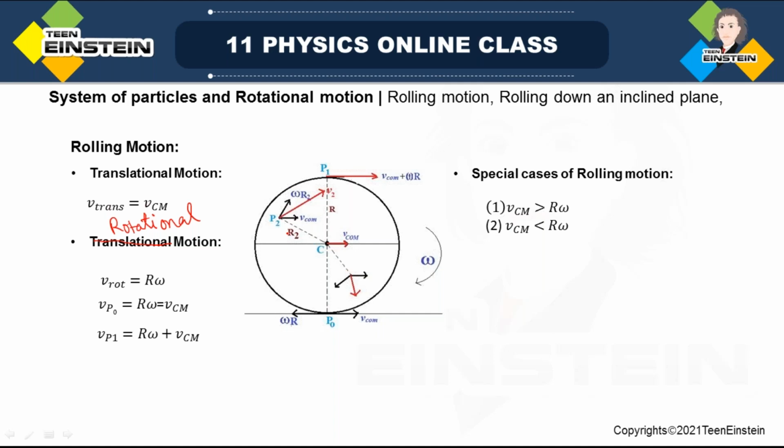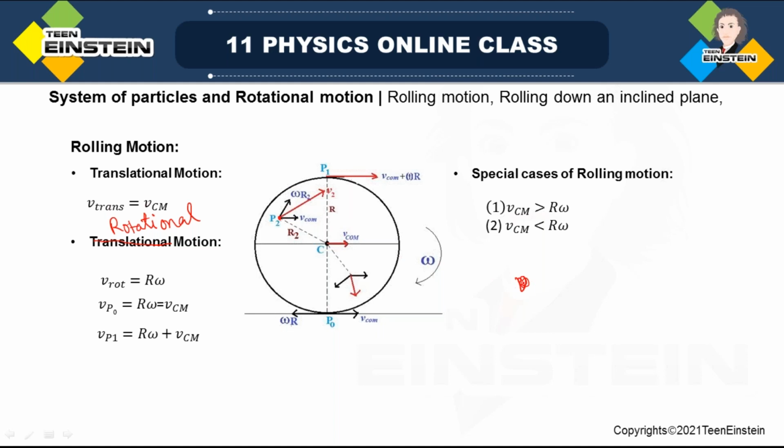If I consider any arbitrary particle, suppose I consider any point of the disk as P2. Since it is rotating as well as translating, this P2 point will have both kinds of motion, translational motion as well as rotational motion.